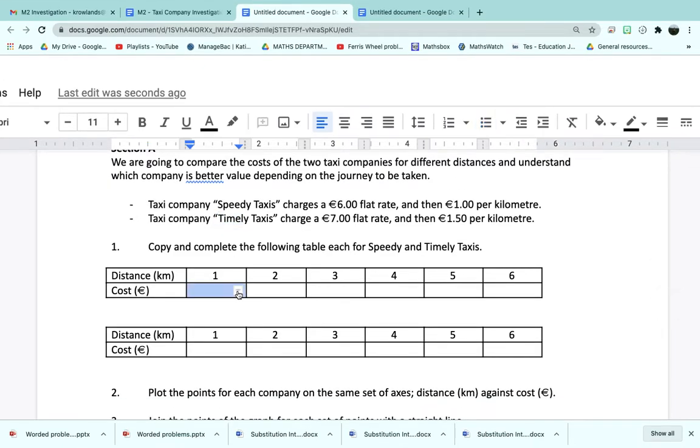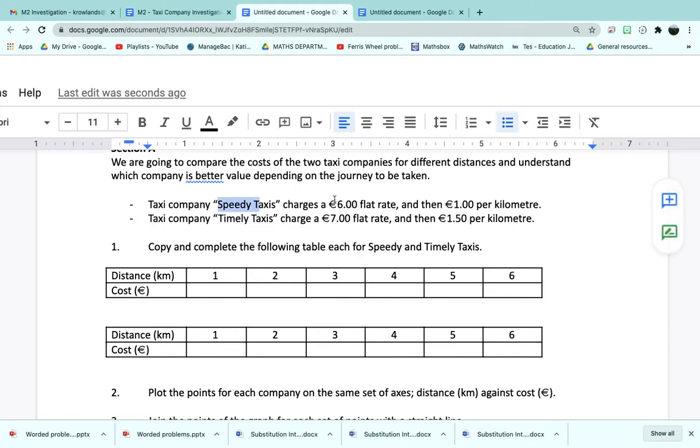If we go for Speedy to begin with, they charge a flat rate of €6, which means when you get in the car, you are already charged €6, and then every additional kilometre is an extra euro. So after 1 kilometre, it would be 7 because you add together the 6 and the 1: the flat rate of getting in plus 1 for an additional kilometre.